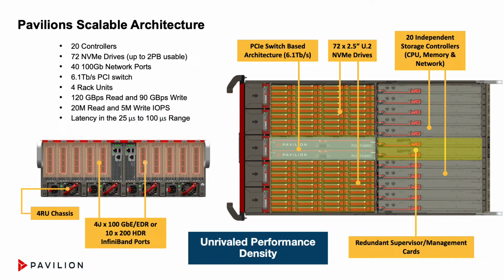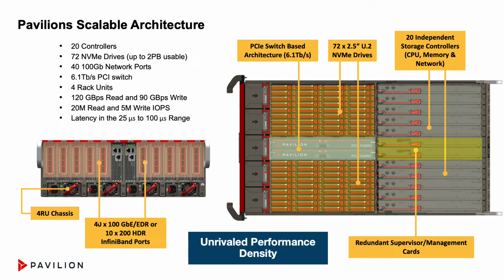Before we move on, let's give you a brief overview of Pavilion's HyperParallel Storage Array and our very scalable architecture. The picture on the left is our rear view. The picture on the right is a top view. We are a multi-controller storage array. We can deliver up to 20 independent storage controllers, up to 72 NVMe U.2 drives today, delivering almost 2 petabytes of usable capacity.